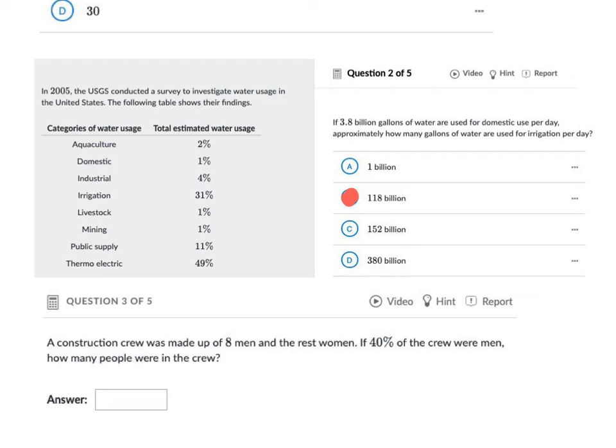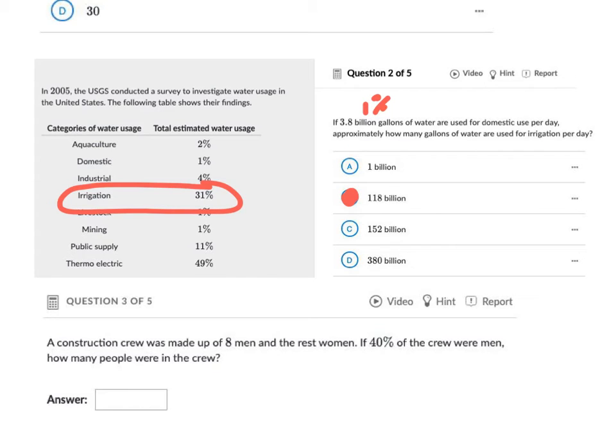And 3.8 billion gallons are used, but this is only 1%. All right? 1%. Okay? Then how many gallons would be used for irrigation? That's 31.